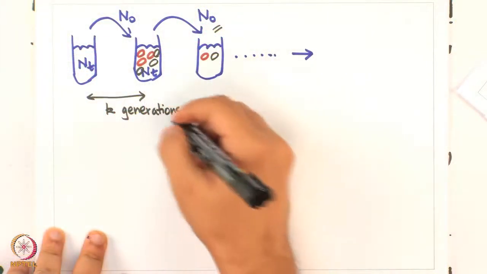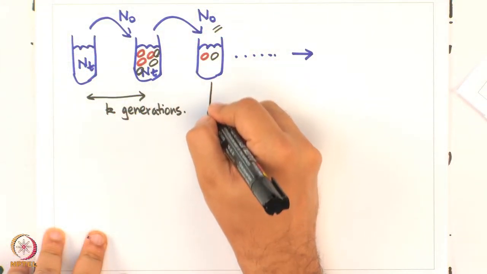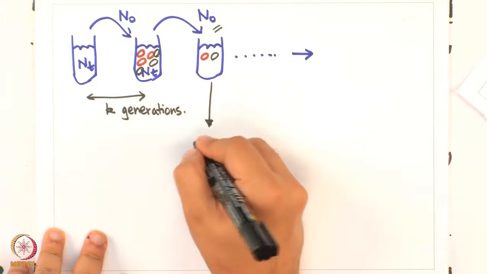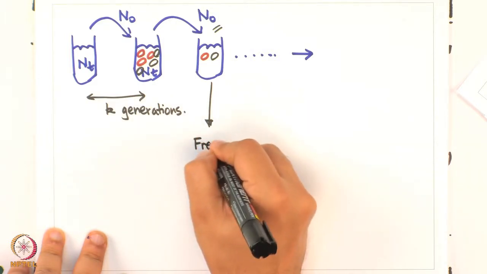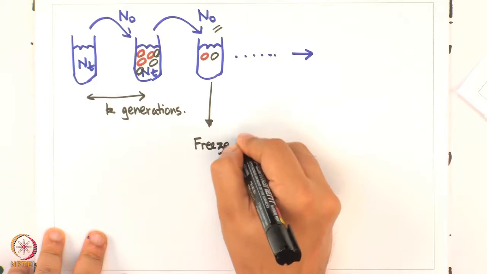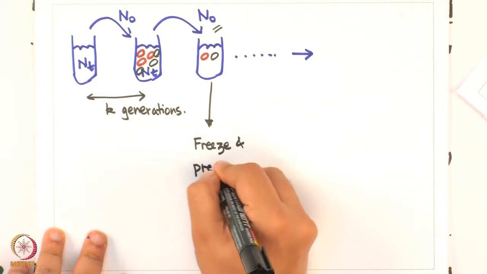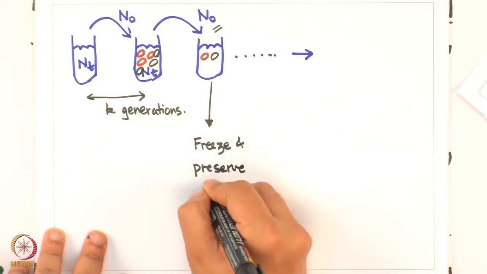What also happens during these evolutionary experiments is that periodically you would take a sample from this tube and freeze and preserve the bacteria.